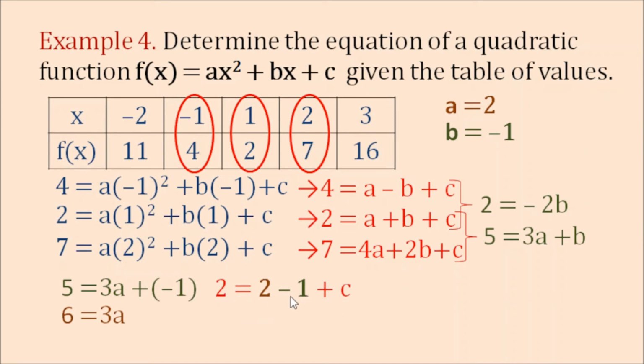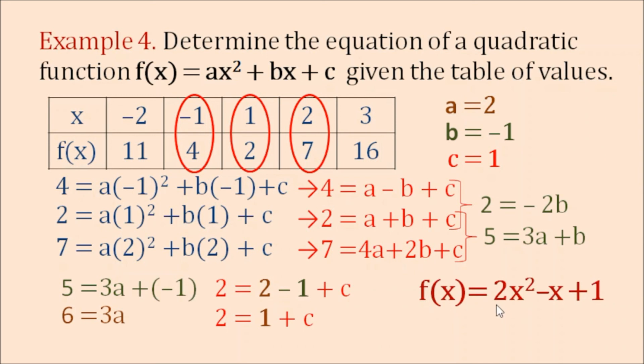And of course 2 minus 1 is 1, and then subtracting 1 from both sides, we have c equals 1. Now this a is 2, this b is negative 1, then this c is 1. So our equation is f of x equals 2x squared minus x plus 1.